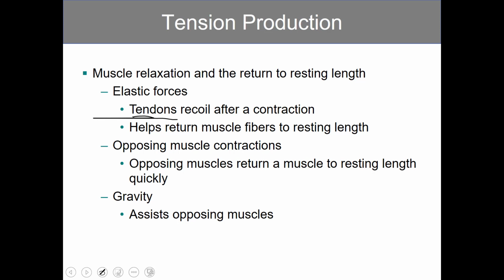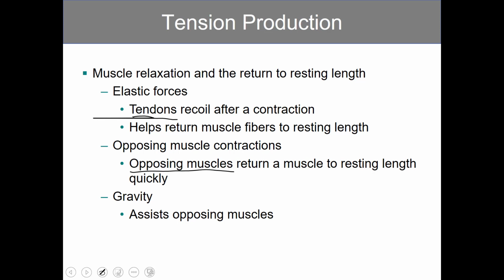The second factor that helps return a muscle to resting length is the opposing muscle contractions. So right now, if you were all to contract the biceps and cause a flexion at the elbow, you can quickly return the biceps to resting length by simply contracting the triceps brachii muscle, which is a muscle on the bottom of the arm, if you will. The triceps and biceps are great examples of opposing muscles.